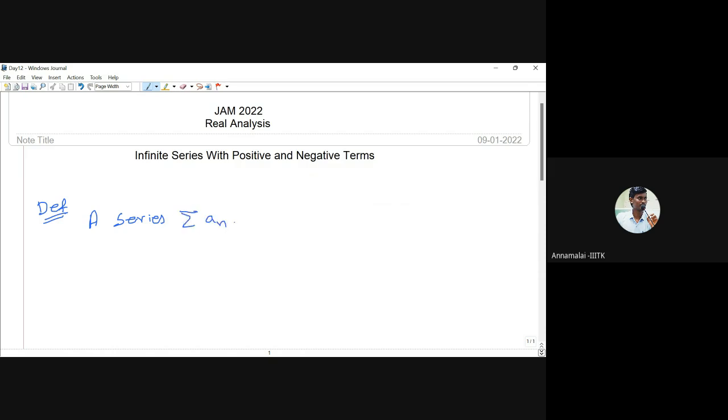It is said to be absolutely convergent if we take the series of modulus of an and it converges. Each an may be positive or negative.